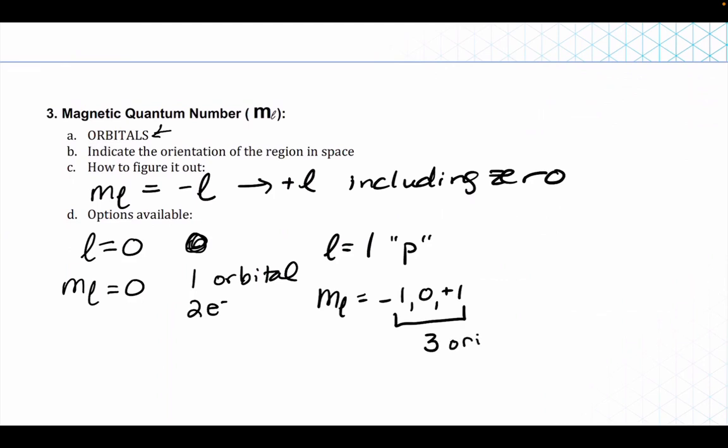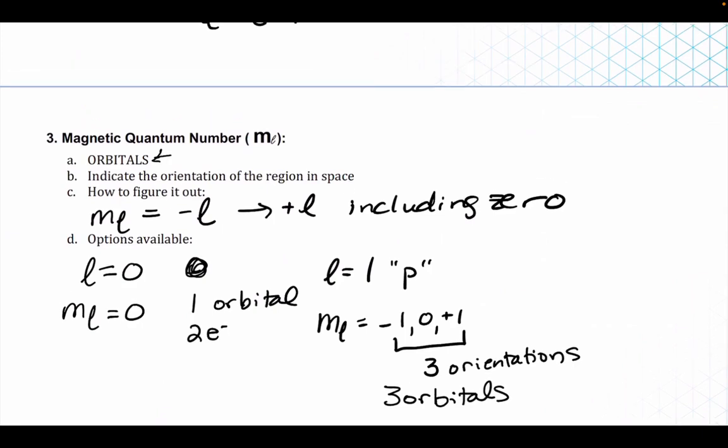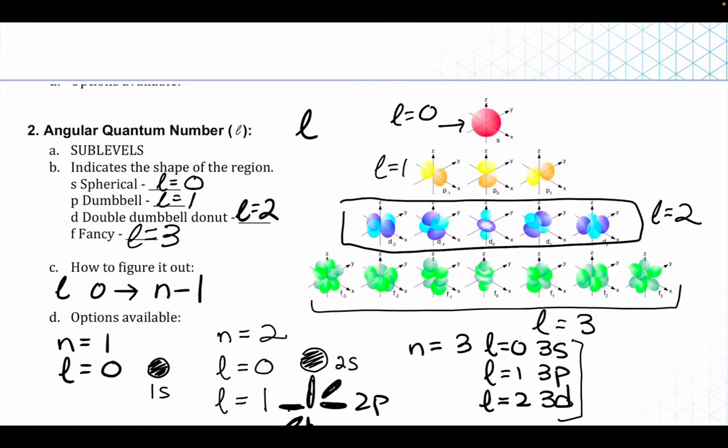So there's 3 orientations, or we would say there's 3 orbitals whenever we're talking about a P sublevel. So when we look at our P here, notice there's 1, 2, 3 of them. So 3 orbitals means these can hold up to 6 electrons.